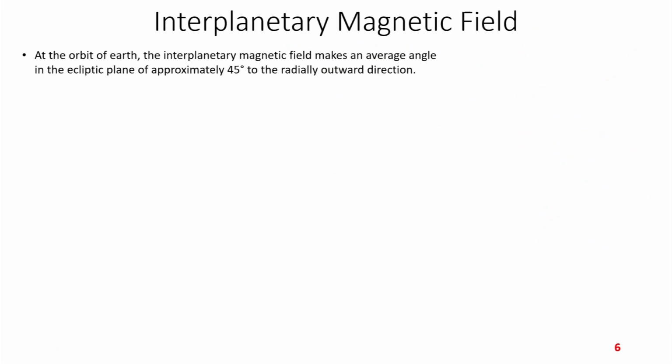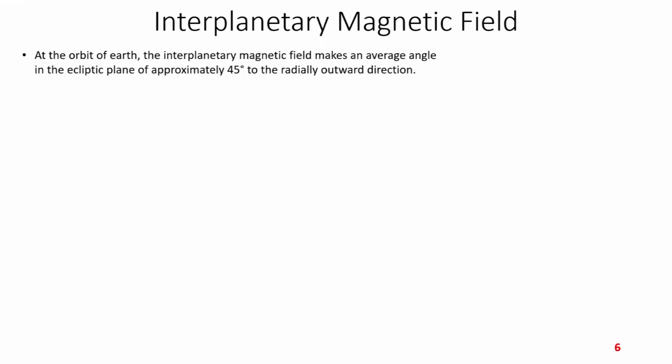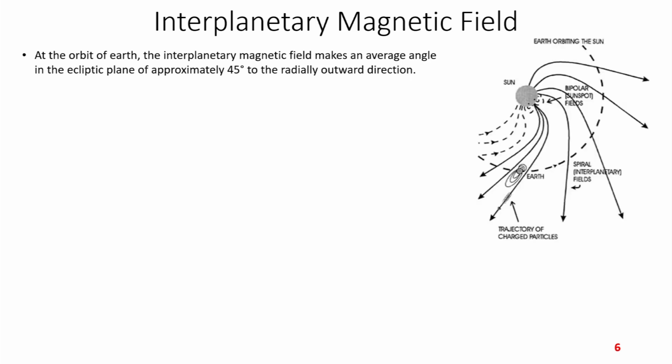Okay. At the orbit of the earth, the interplanetary magnetic field has been driven away from the coronal region of the sun and is going into the interplanetary region. Once it reaches near the earth, the interplanetary magnetic field makes an average angle in the ecliptic plane of approximately 45 degrees to the radially outward direction, that you can see here.